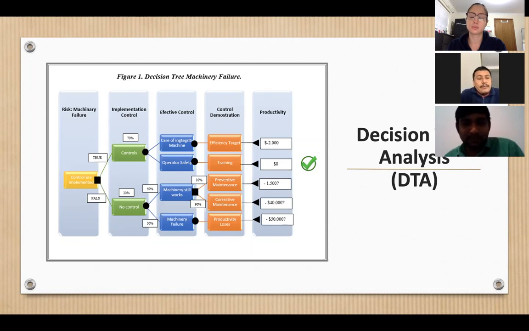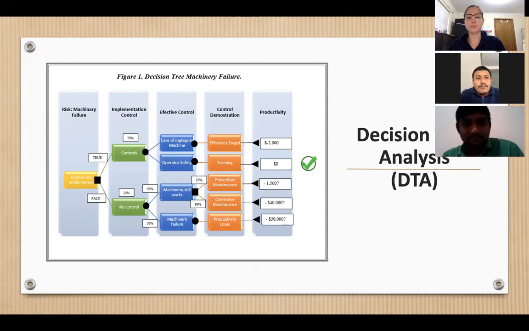We can determine in this diagram that the problem when you don't implement the control is very difficult, because it impacts negatively the productivity of the company, of the MDF.